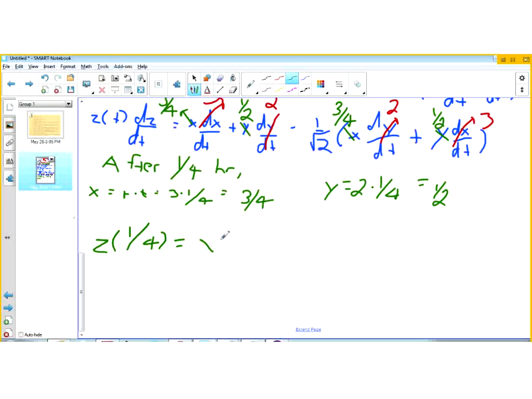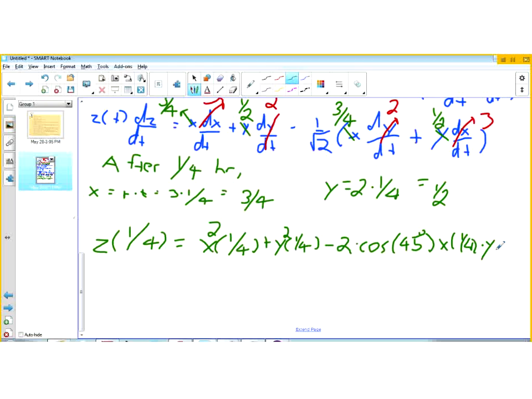By the law of cosines, that would be x at 1/4 squared plus y at t equals 1/4 squared, minus 2 times the cosine of 45 degrees times x at 1/4 times y at 1/4. So that would be your z at 1/4.